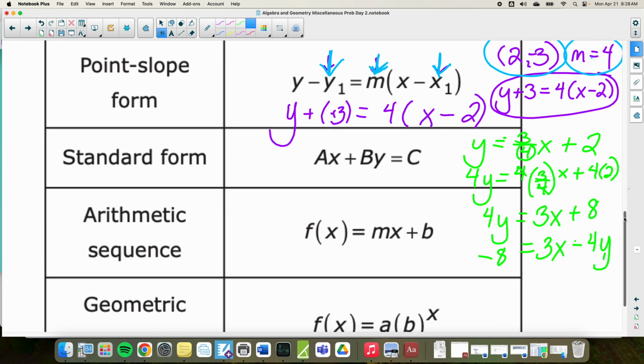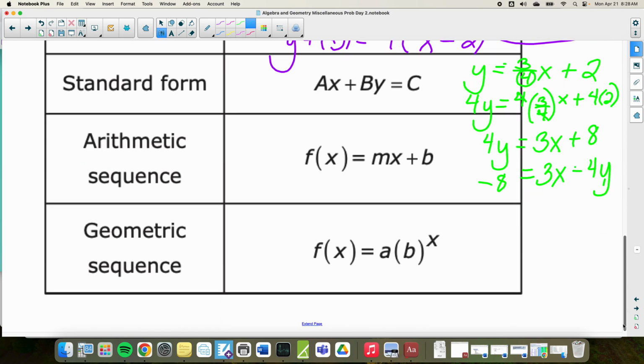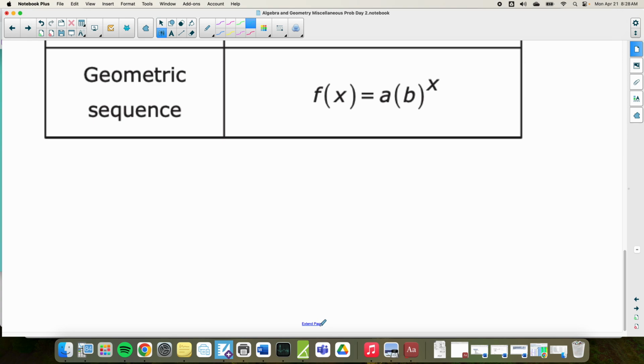If they ever do standard form, do you guys remember I talked about after our last quiz? Like if you got 1/4 x plus 5y equals 10. For standard form, you have to have your x, you have to have your y, and then you have to have a number, but you can't have a fraction.